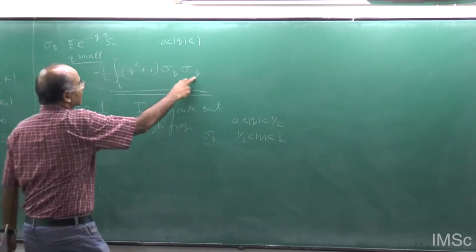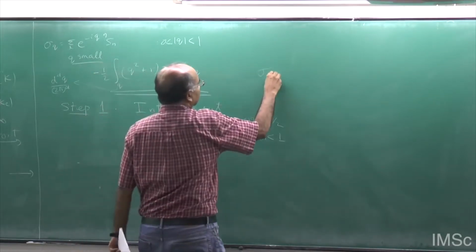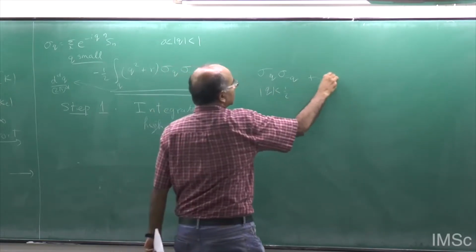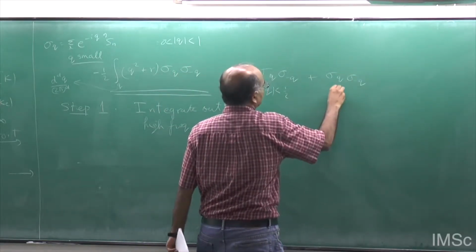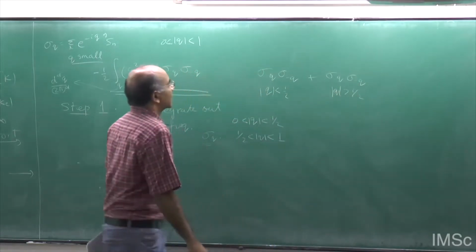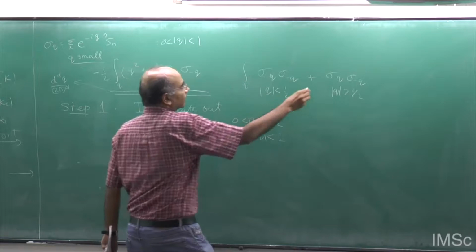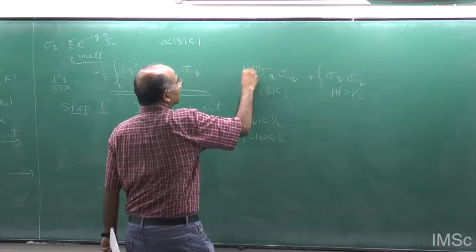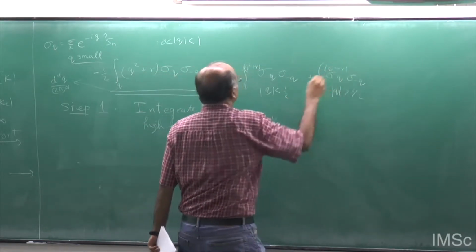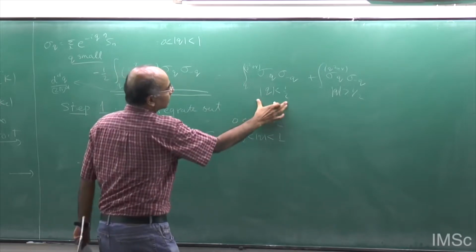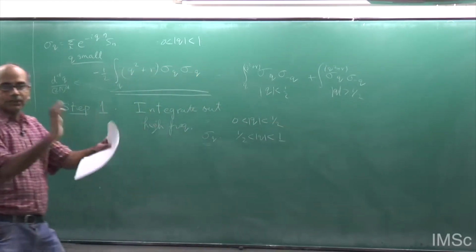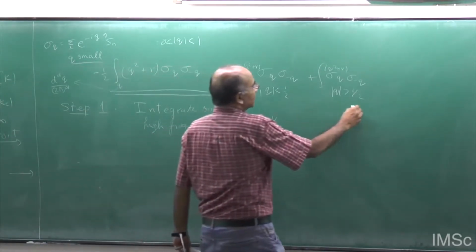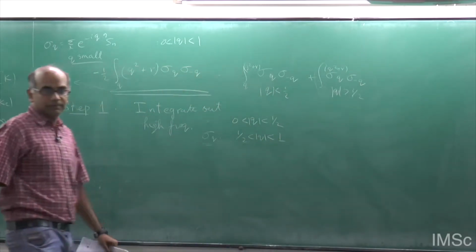So I can just write this sigma q as for q less than half plus, and write this integration for one range and write the integration for the other. So this is, sorry, I should write q squared plus r here. I just write this action into two parts. This is the q less than half, this is the q greater than half. And there's no coupling between them. So the integration of these variables is trivial. It doesn't affect those at all.